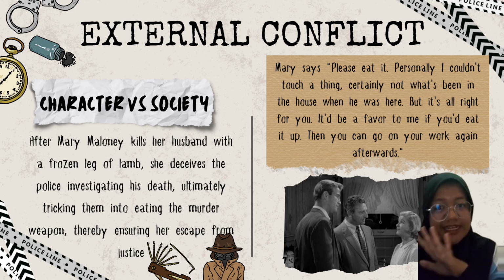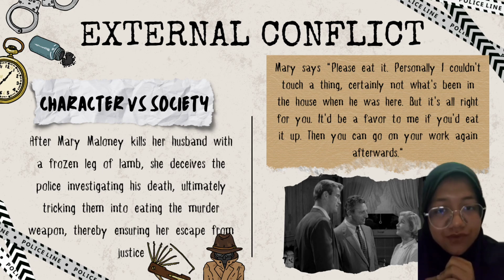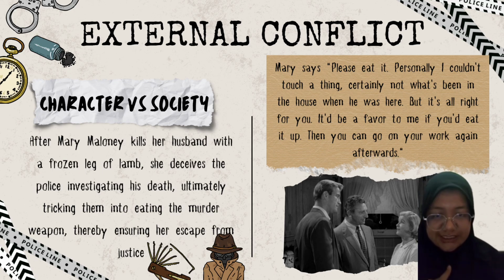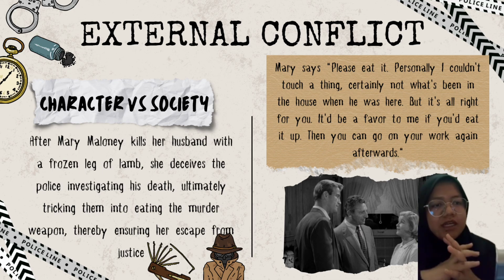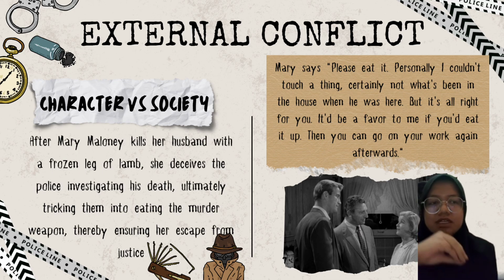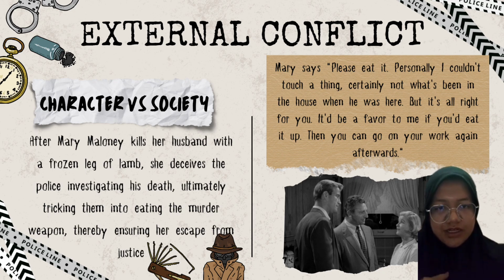As you can see in the slide, character versus society is mostly about when the character needs to fight with other characters, for example, facing the police or the detectives. In this story, for character versus society, Mary needs to deal with the police and the detectives when she needs to hide that she already killed her husband, Patrick.